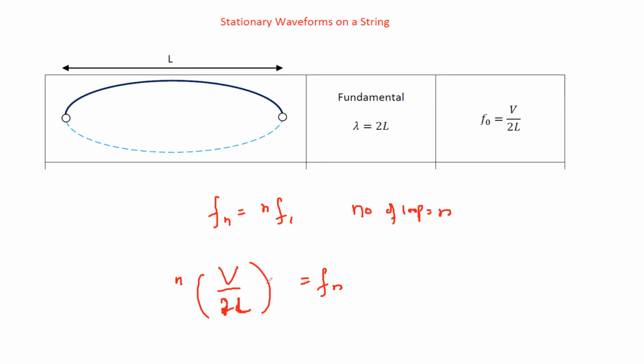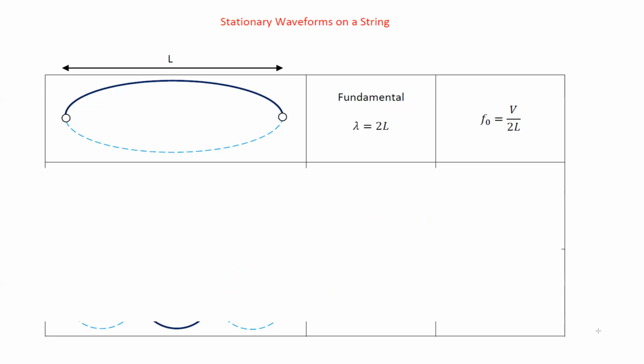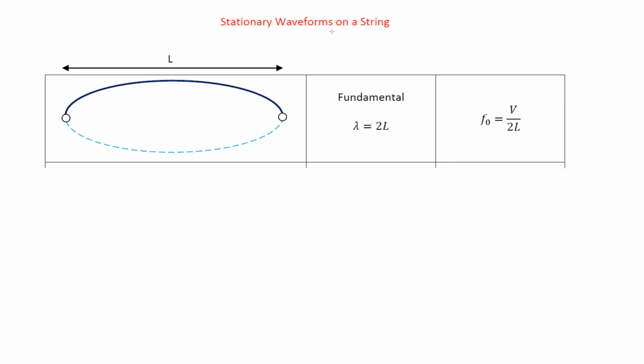Then we have this formula, that the speed of the wave is given by a formula. So we have one formula which shows that N times V over 2L is equal to Fn.